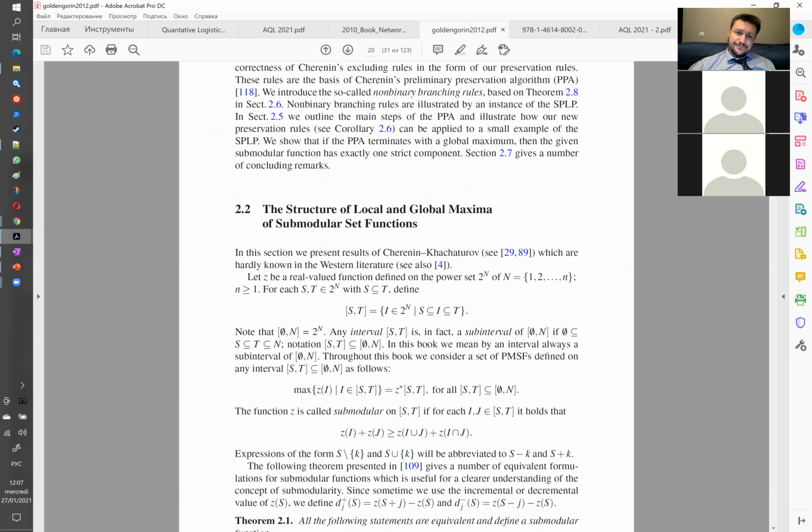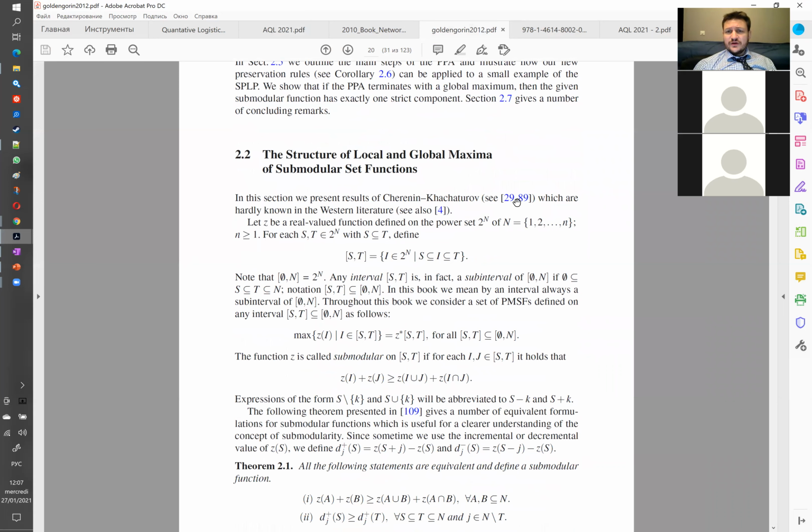Okay. So these results were received by Cherenin and Khachaturov. I believe they're Russians, but I'm not sure. Well, it doesn't matter, Western or not Western.